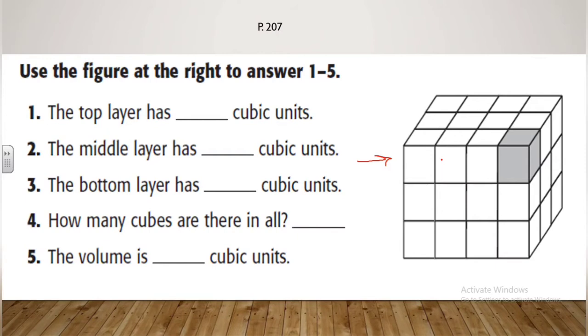To know how many, we have 2 ways to find the answer. The first is by counting, the second is by multiplying. I tell you the 2 ways and you can answer by whichever you like. It's up to you, okay? Now, let's start with counting.